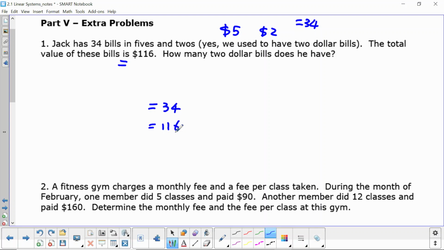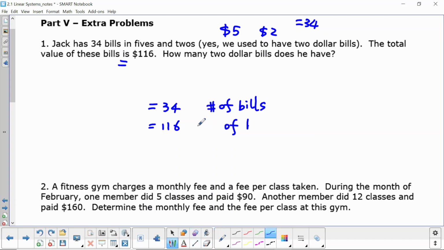So the total we put on the other side. One is the equation for the number of bills, how many bills he has. Another one is for the value, how much he has for the bills.